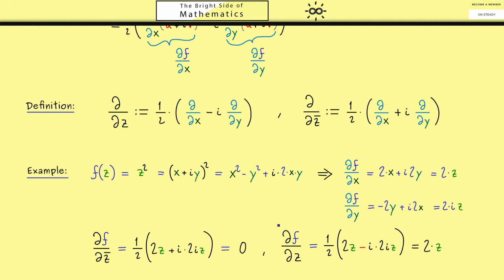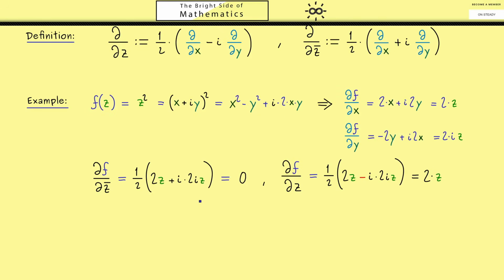Okay, then I would say let's summarize the video by stating the important fact we have proven here. Indeed, this is something one can nicely remember. Namely, a complex function f defined on an open domain U is holomorphic if and only if df dz bar is equal to 0 at all points.